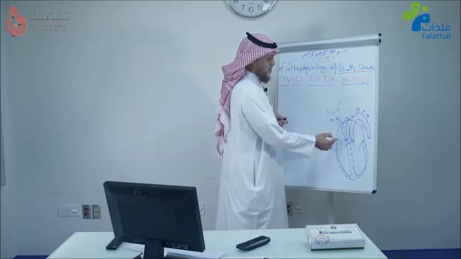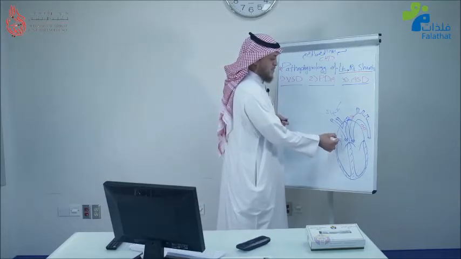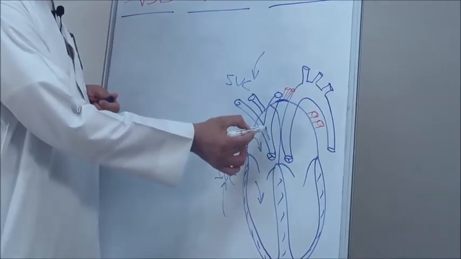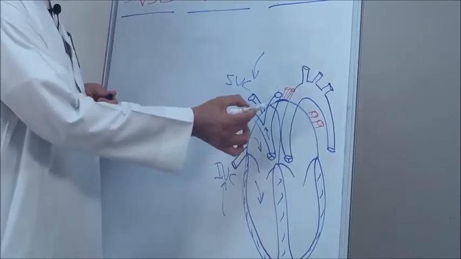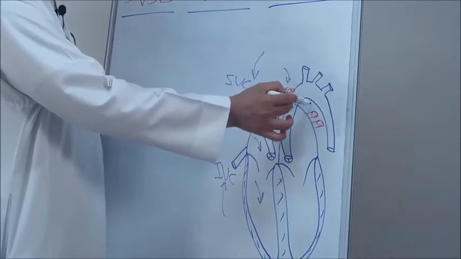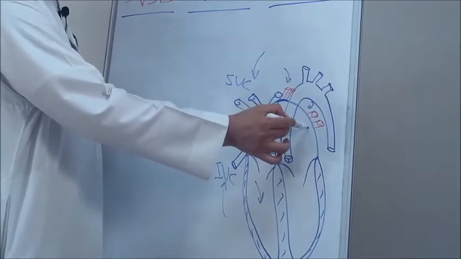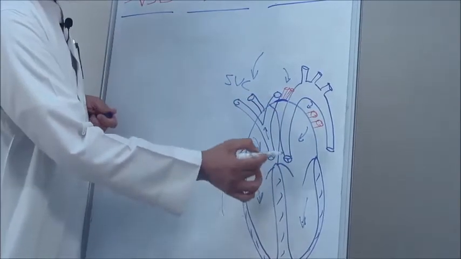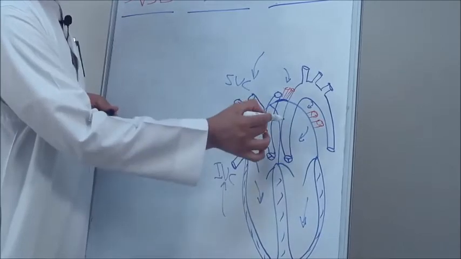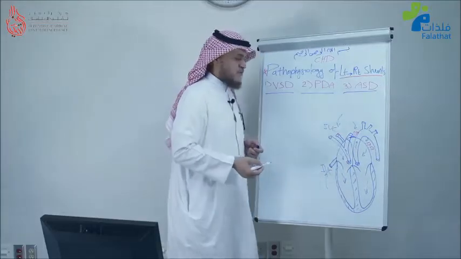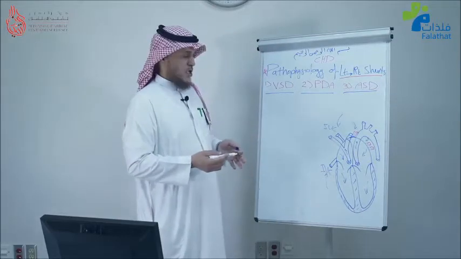This blood comes to the right atrium, to the right ventricle, to the pulmonary artery, to the lungs, back to the pulmonary veins, to the left atrium, to the left ventricle through the mitral valve, and up the aorta to be ejected to the body. So this is the normal flow of our body.